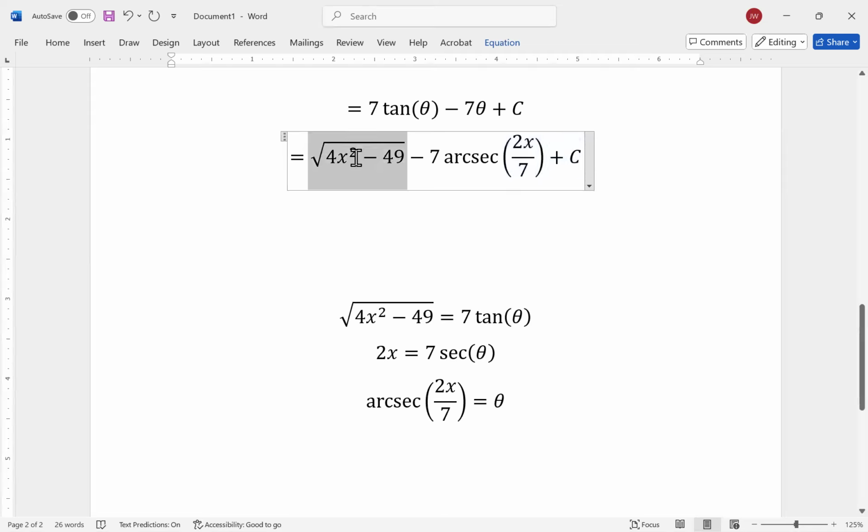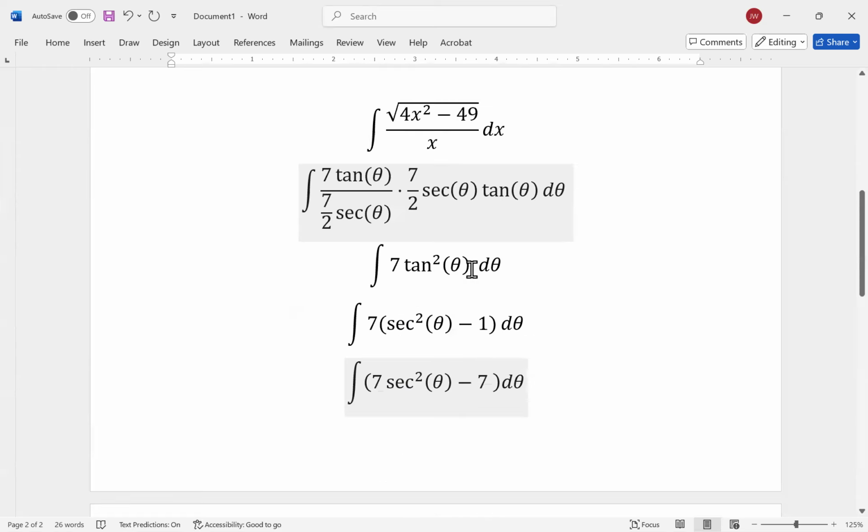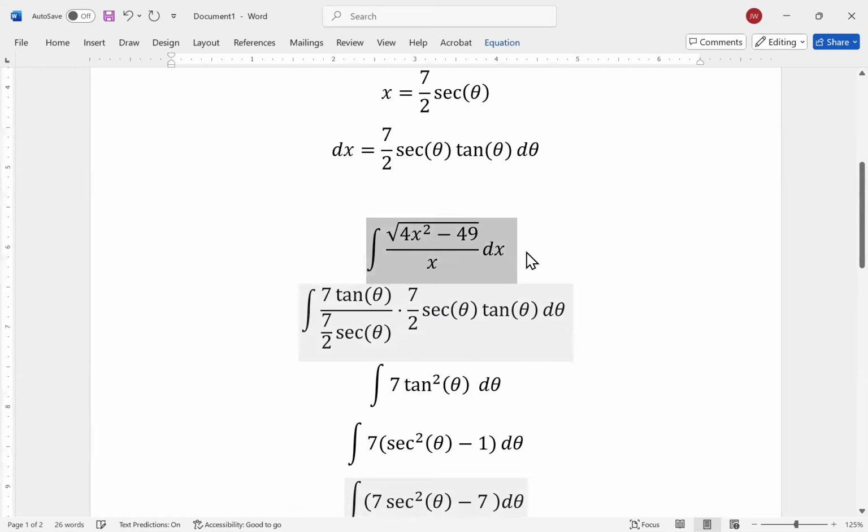So 7 tan theta is this piece. 7 times theta is this piece. So this is my final answer right here. That square root minus 7 times the arc secant of 2x over 7 plus c. That is the antiderivative of root 4x squared minus 49 divided by x.